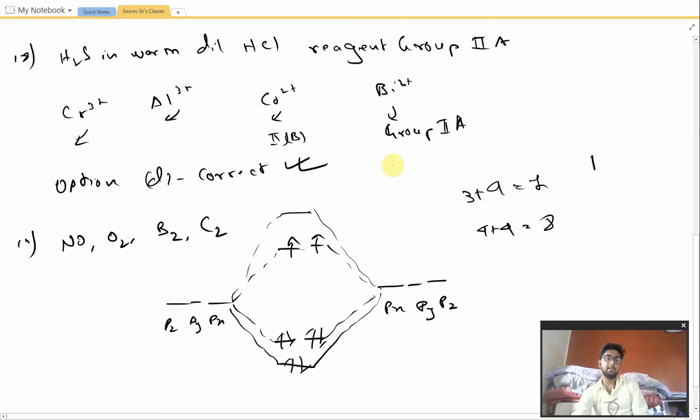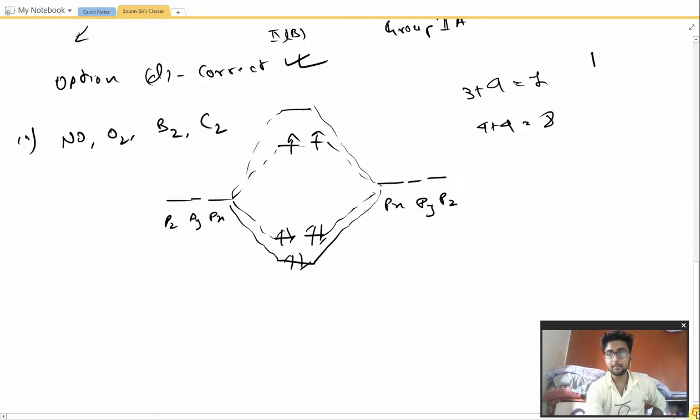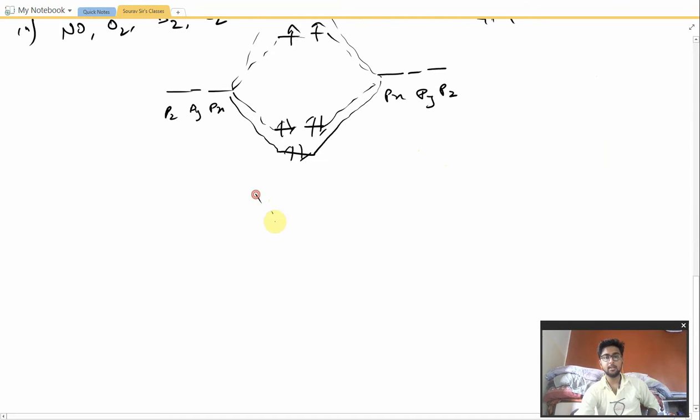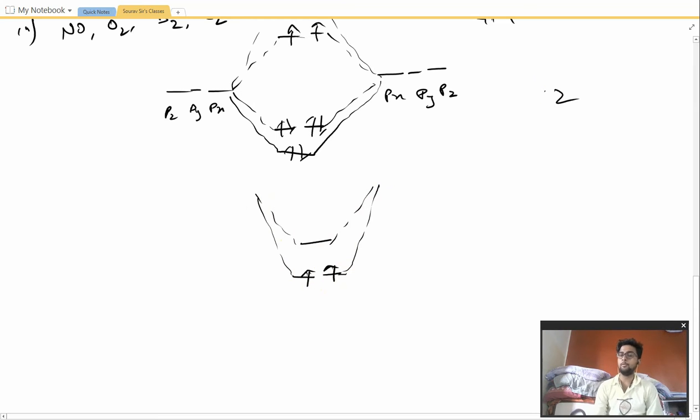For B2 the structure is kind of changed as the pi orbital moves downwards and the sigma orbital is upwards. So we have 2 electrons only, one from each B, and these 2 electrons are in the same degenerate state. Following Hund's rule, they remain as unpaired electrons, so B2 would be paramagnetic also.